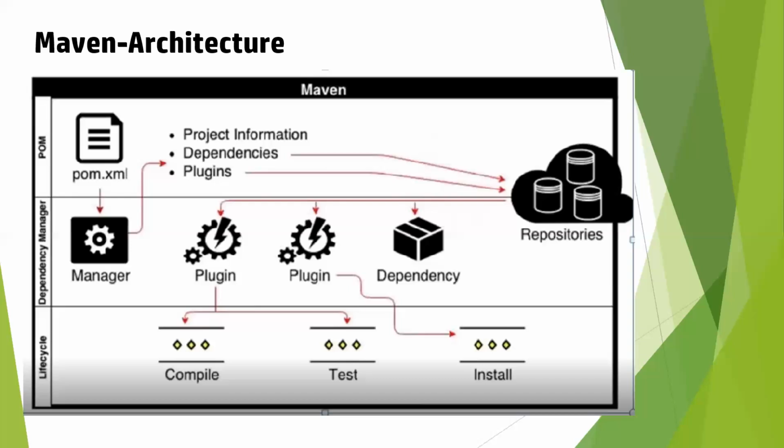For now, basically what happens, this pom.xml will have all the details. The lifecycle manager will read from the pom.xml, then it will decide. It will check locally if those plugins are available, then it will use it. If not, it will go to the remote repository and it will download it.